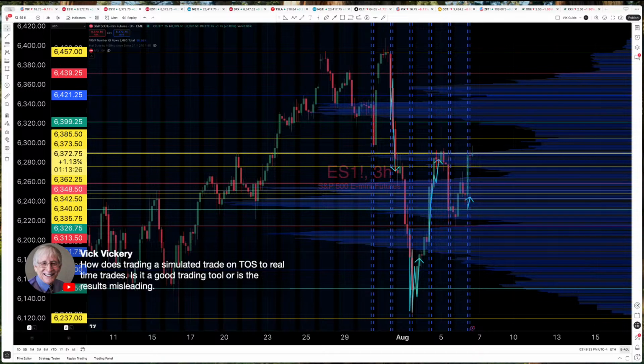So it is misleading. You're just as well off putting it in analytical mode and noting where price is, where you would have gotten in, and where you would have gotten out. Of course, you have to be a little more realistic when you're notating that. But simulated trading does not show you whether you're going to win, particularly if you're cutting it close to the edge, as most people do in high win rate strategies.